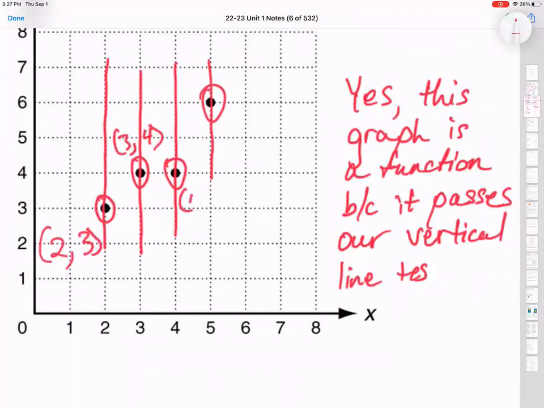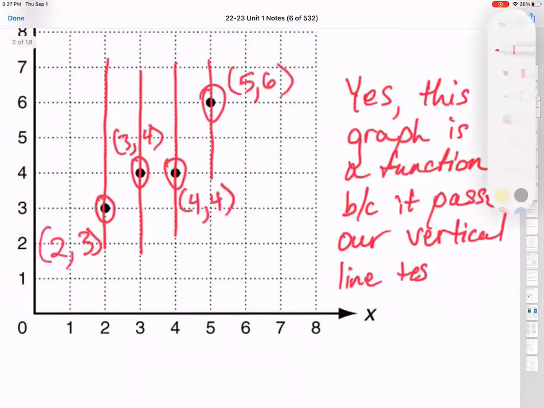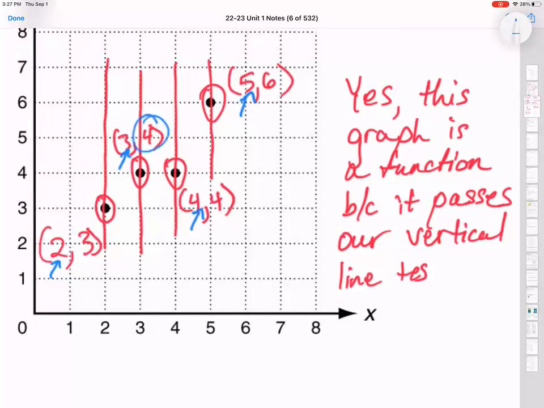This one is 4, 4. And this one is 5, 6. Notice all different inputs. Vertical line test is passing. Yeah, you do see that repeating of the y value, but that's okay. That's totally fine. 2 different people going to the same place.